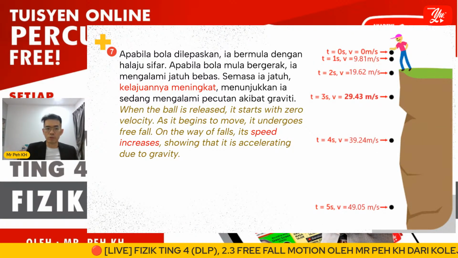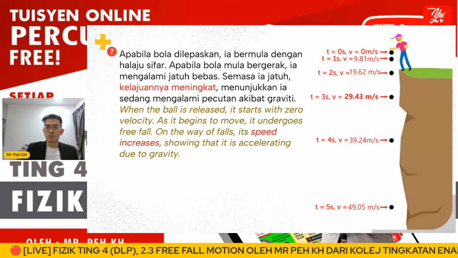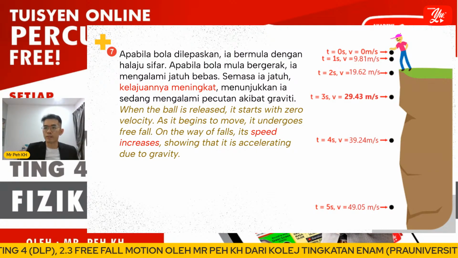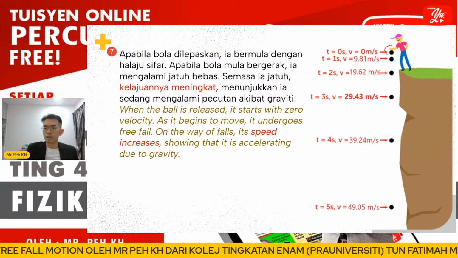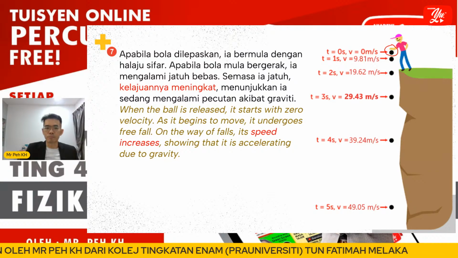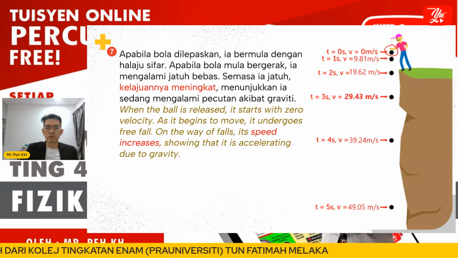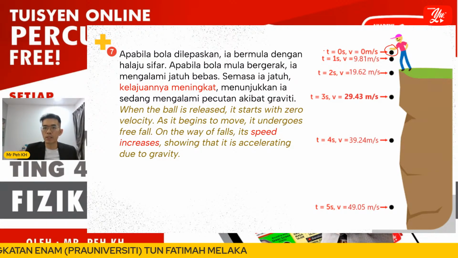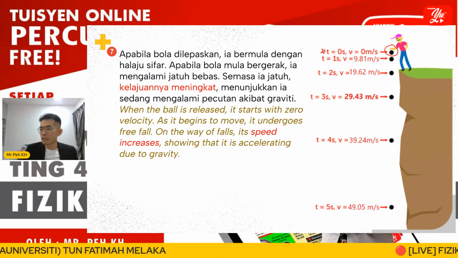Here we have a condition. When the ball is released, you can look at the picture. A ball is released by a man. It starts with 0 velocity, so at t = 0, v = 0.